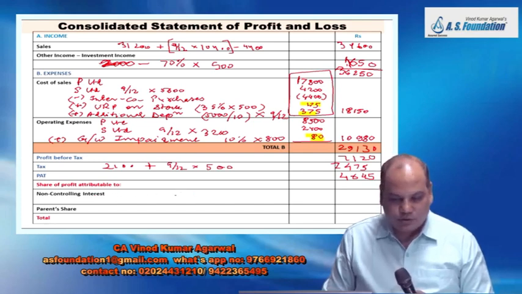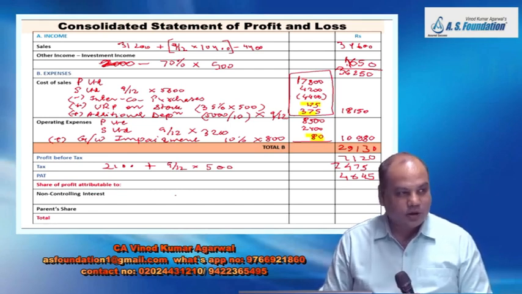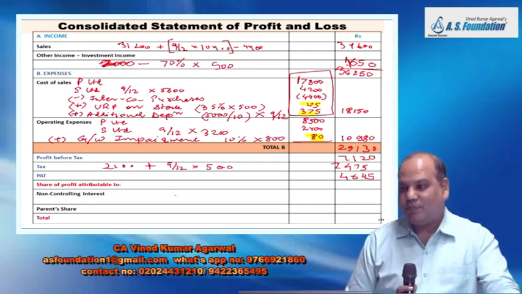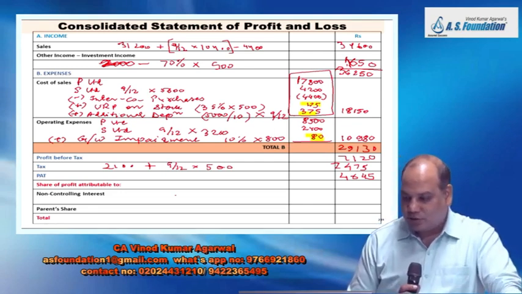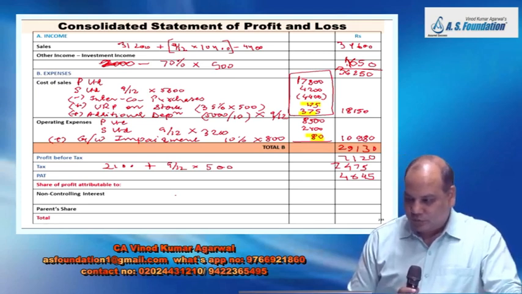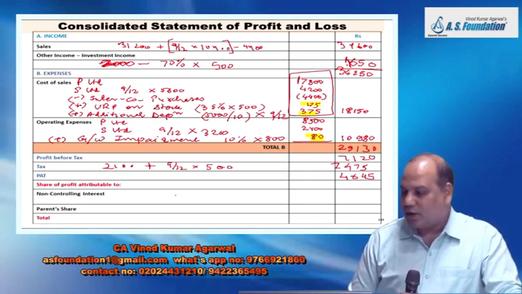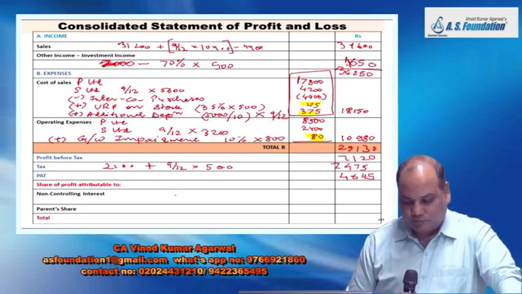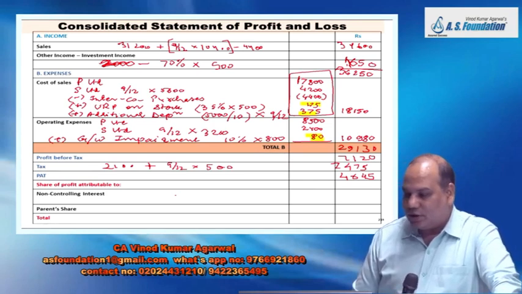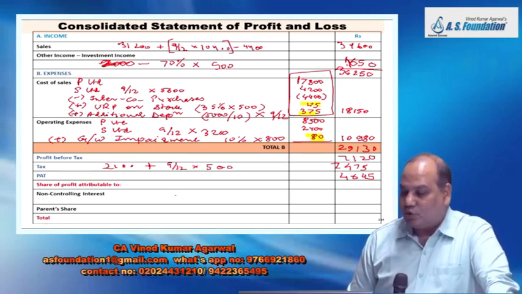Now I will give you 30 seconds to try your luck. Just give me the final amount, share of profit attributable to NCI. To help you, I have highlighted 3 numbers on the screen. Can you see 3 numbers are highlighted? Those will be adjusted from the profit.